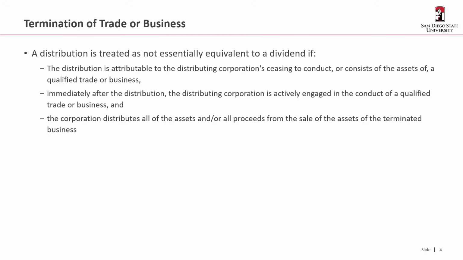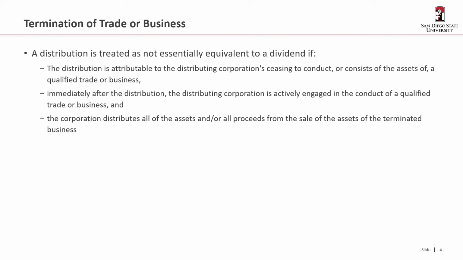All right, so a little bit more on partial liquidations, even though really we've kind of run that gamut already. A distribution is treated as not essentially equivalent to a dividend if the distribution is attributable to the distributing corporation ceasing to conduct, or consists of the assets of, a qualified trade or business, right? So we talked about that noticeable decline in the operations or business of the underlying entity.